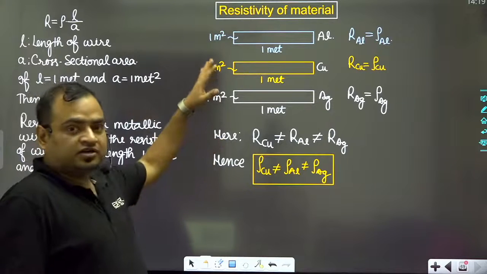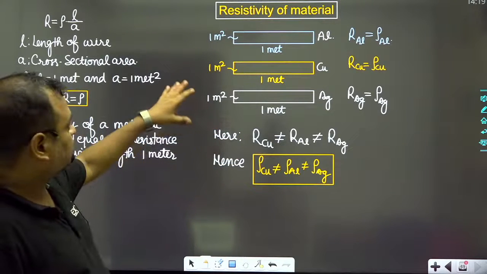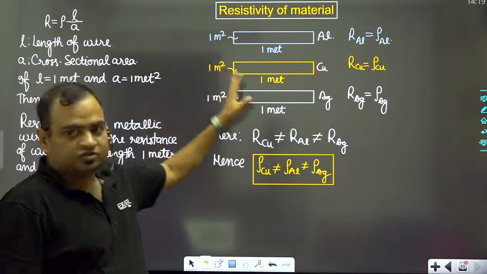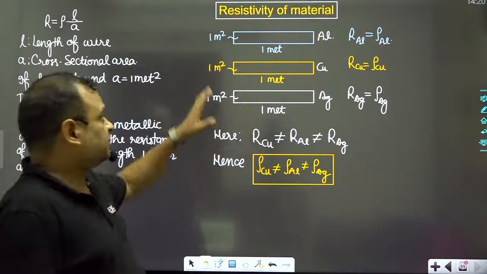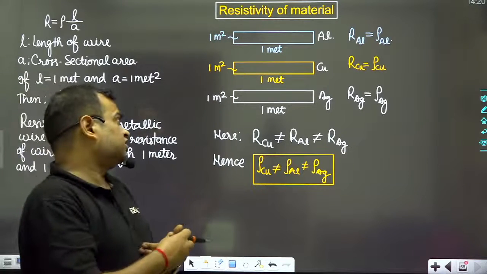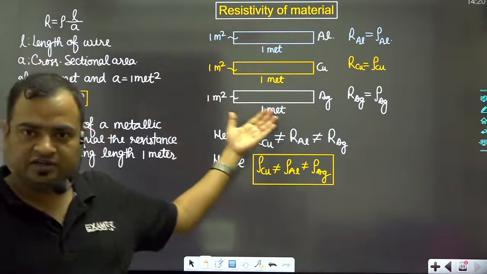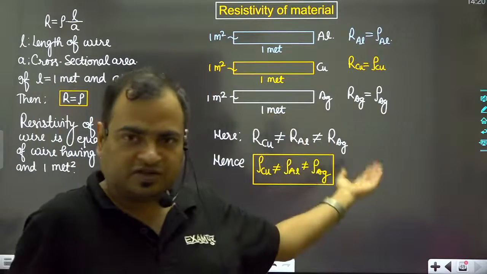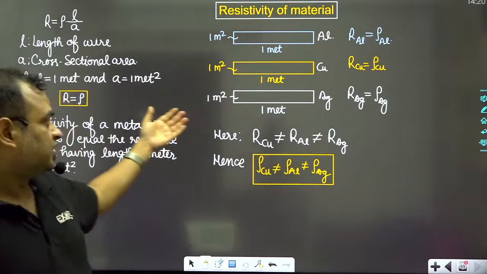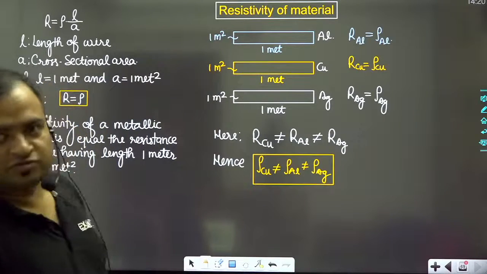Hence we can say that resistivity of any material does not depend upon the length as well as the cross sectional area. If it was depending upon the length and cross sectional area of the wire, then obviously here you can see that the cross sectional area and the length of these wires is equal. Hence the resistance of all these three wires should be equal, but it is not so.